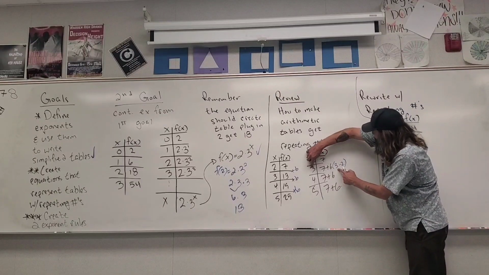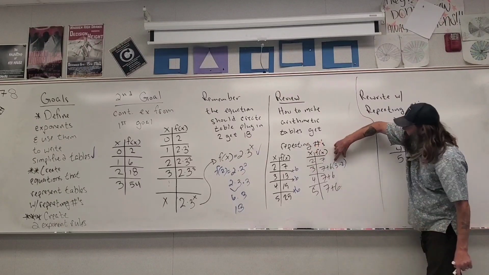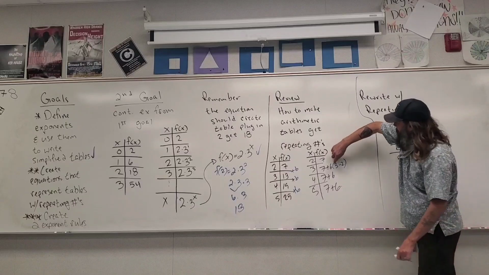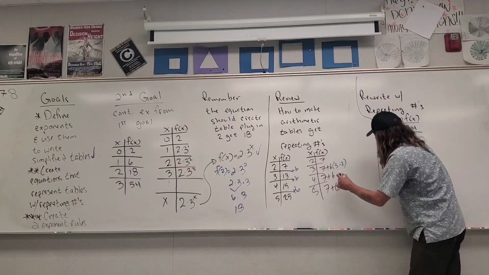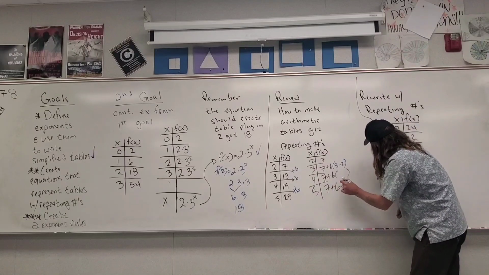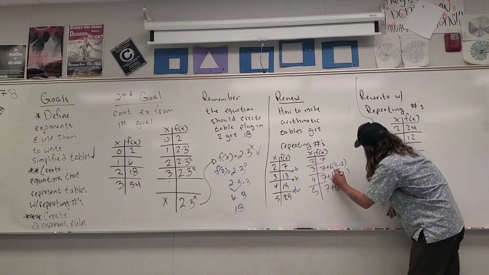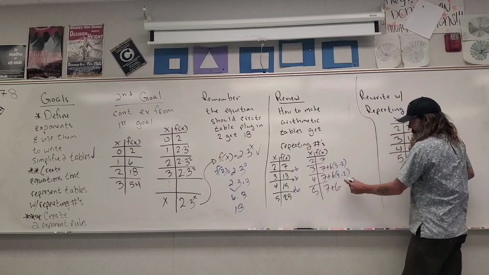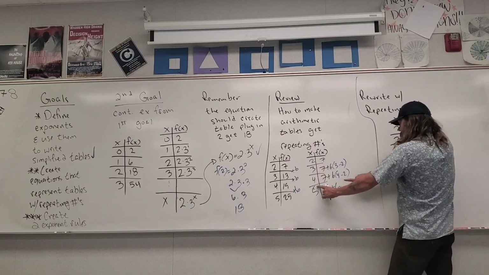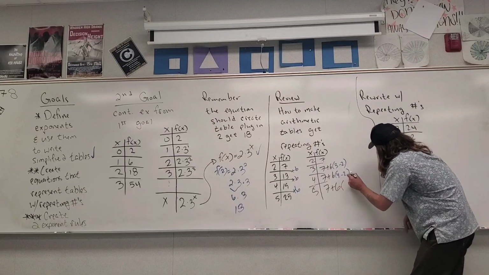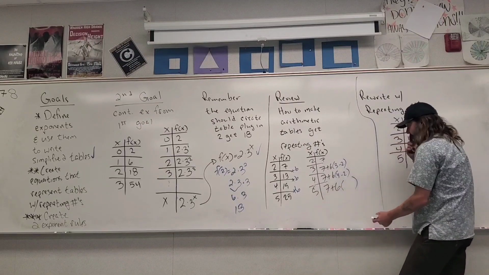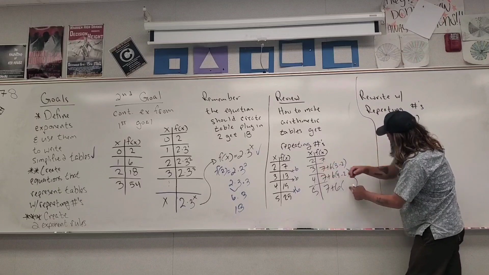I have my repeating number, but I still have a value of 1. Again, I need a value of 2. I need to use the number 4. So instead of saying 2, I'm going to put a parenthesis and say 4 minus 2. This has a value of 2, but it also has a repeating number. And I would also do that here with a 5. And I would say 5 minus 2.